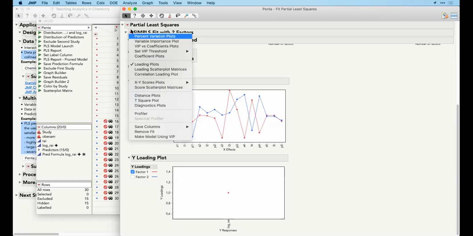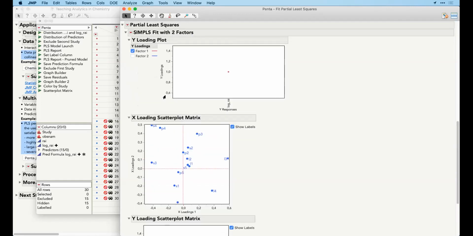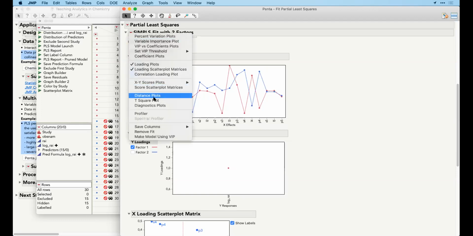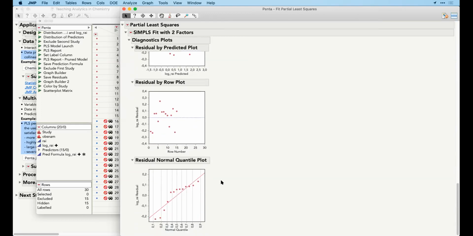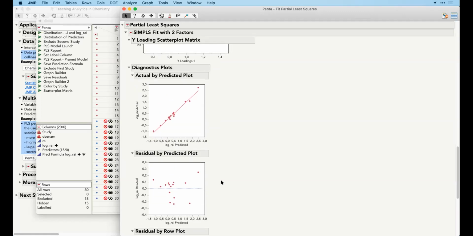I can also look at a scatter plot matrix for the loadings. I don't have the time to go into the details here. And as always, we also make it very easy to check diagnostics, different versions of diagnostics, and that can really help to detect non-normality, autocorrelation, non-constant variance, everything which can signal some problems for the model fit.